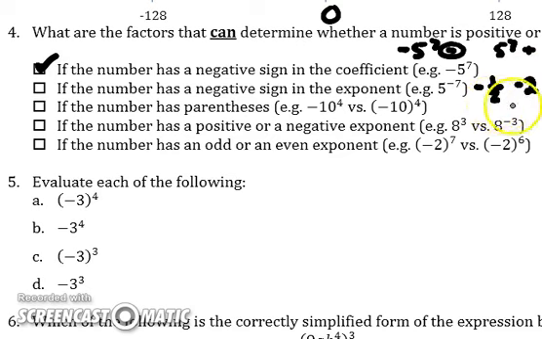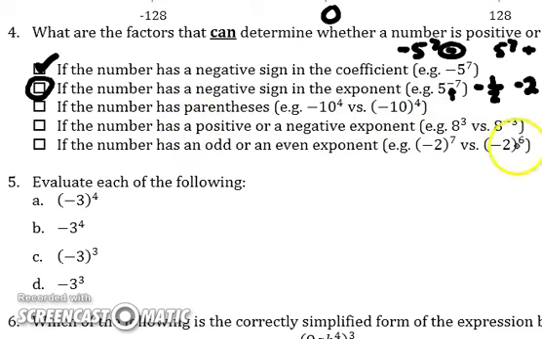So these will have the same sign. This should be empty. This does not affect whether or not the number is negative or positive. You don't need to even factor this in when you're trying to figure out, should my number be negative or positive? It's not going to affect it at all.